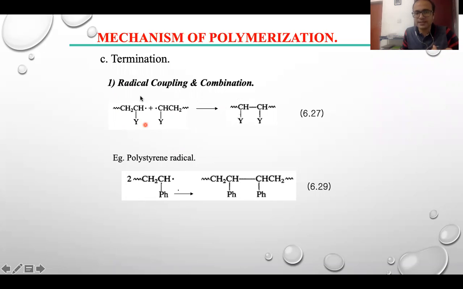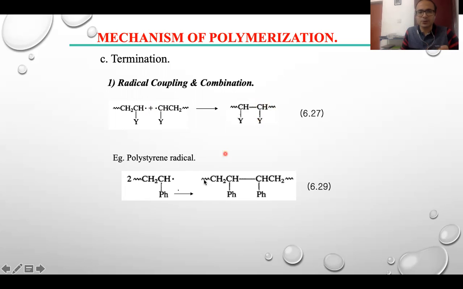So what you can see here is you have a growing chain with the end of the chain having the radical, and you can have 2 or 3 chains in a particular reaction mixture. So these radical containing chains can then combine to form a neutral polymer chain.